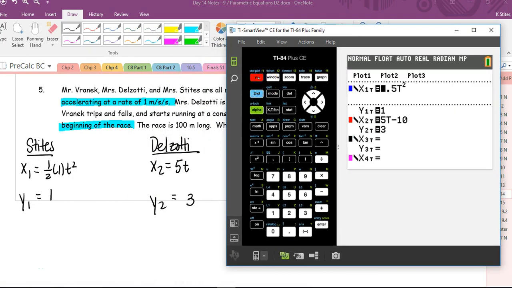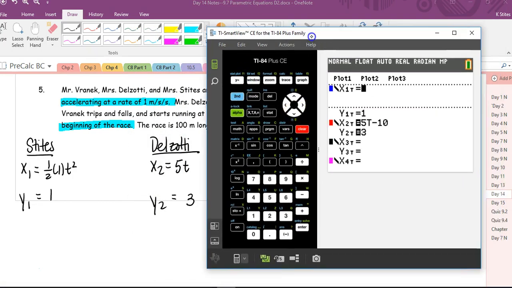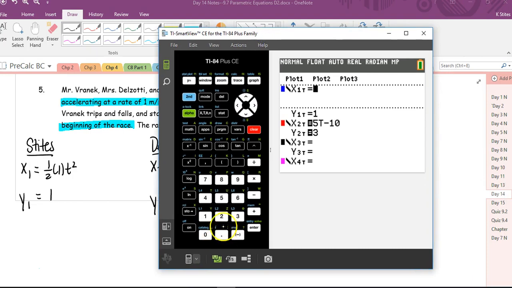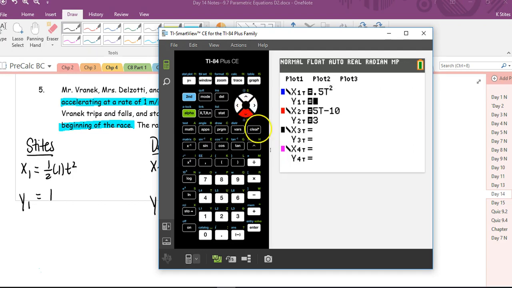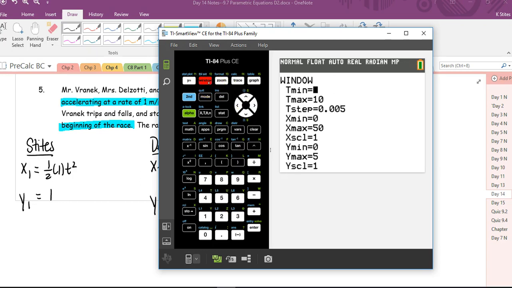All right, we are going to have to change our window again. And if you just want to watch this because you don't want to be spoiled, I'm okay with that. .5. All right, so I'm up to 5 now.